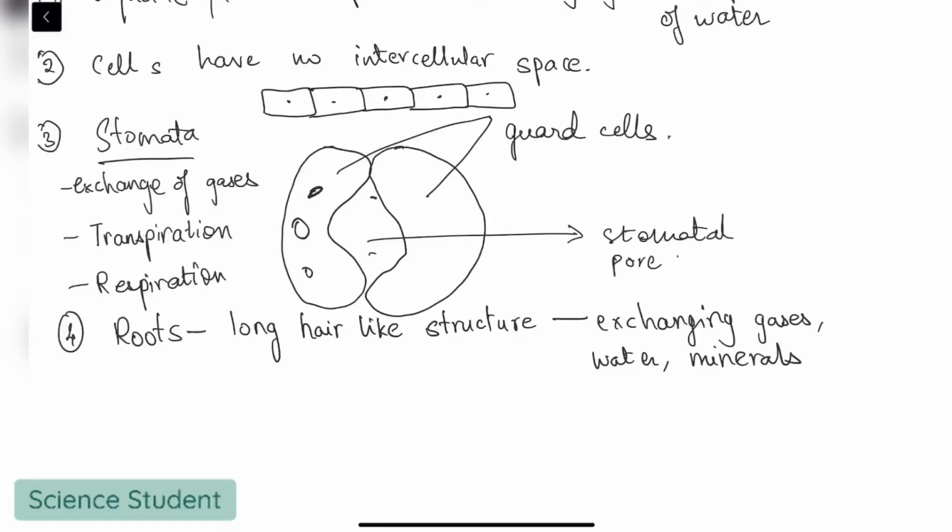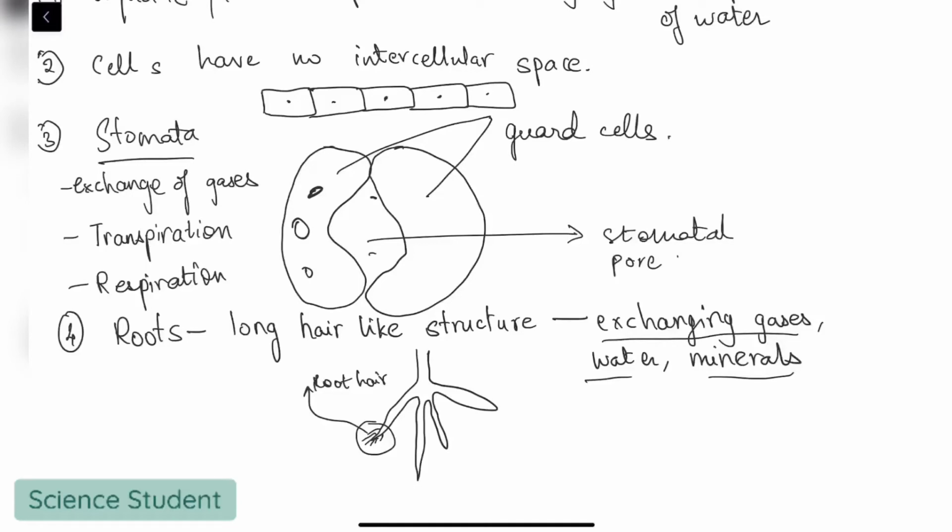So if this is a root, there are fine hair-like structures on the roots. These are called root hairs, which help in exchanging gases, water and minerals.